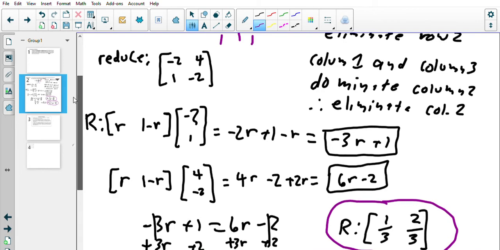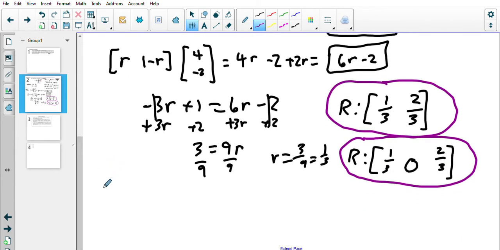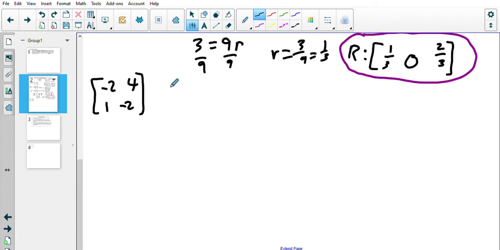So we'll pull down our matrix, -2, 4, 1, -2. And we're going to see how that does against an arbitrary column strategy, C, 1 minus C. So we'll play that against the first row.